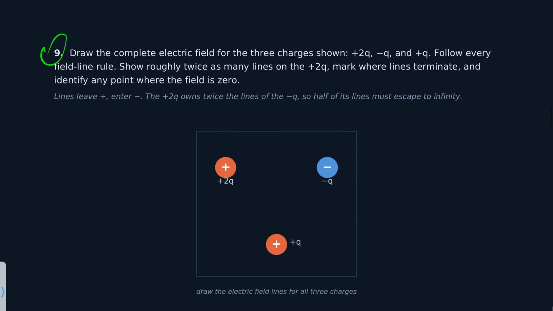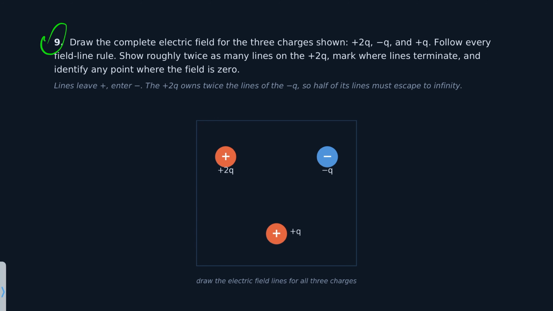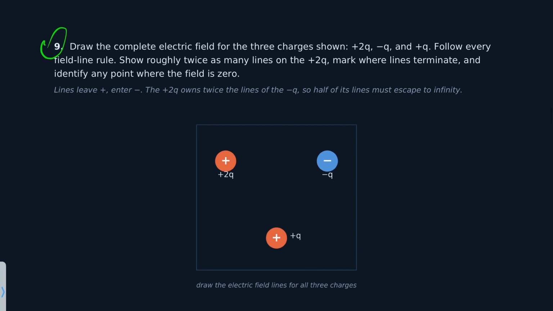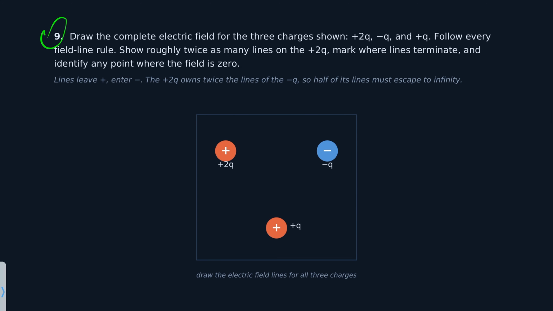And now let's look at number 9. Draw the complete electric field for the 3 charges shown, 2q, negative q, and q. Follow every field line rule. Show roughly twice as many lines on the 2q. Mark where the lines terminate, and identify any point where the field is 0. All right, so let's look.